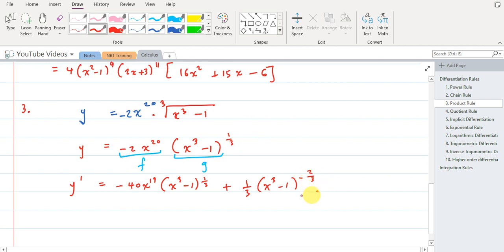Remember to find the derivative of the inside, which is 3x squared, and then leave the first term, which is minus 2x to the power 20.